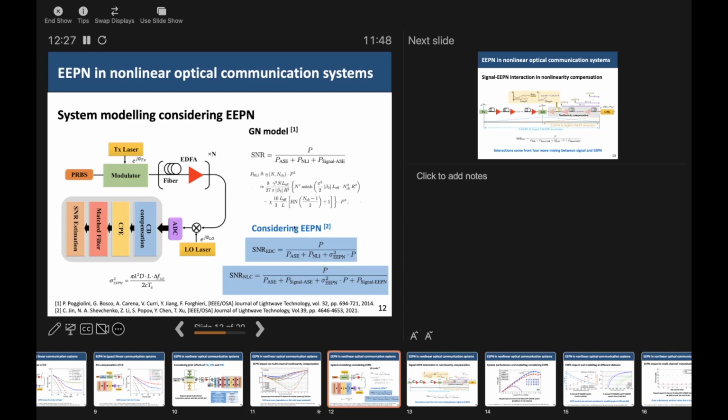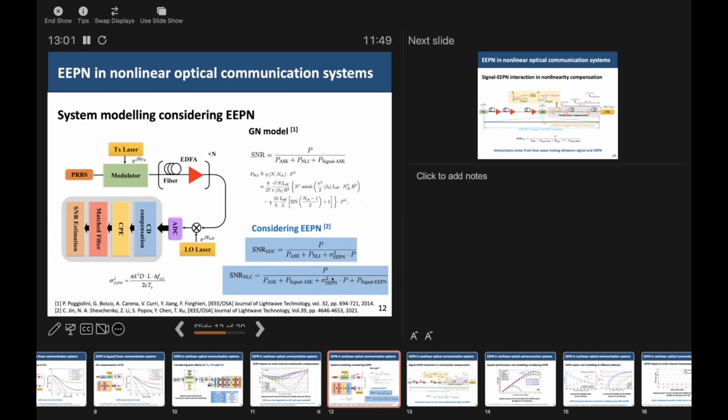Then if we want to include the impact of the equalization enhanced phase noise, we need to consider an additional term, because the equalization enhanced phase noise scales proportionally to the launched signal. That's why we have a term that is a product between the equalization enhanced phase noise and the signal power. There will also be a further interaction between the signal and the equalization enhanced phase noise.